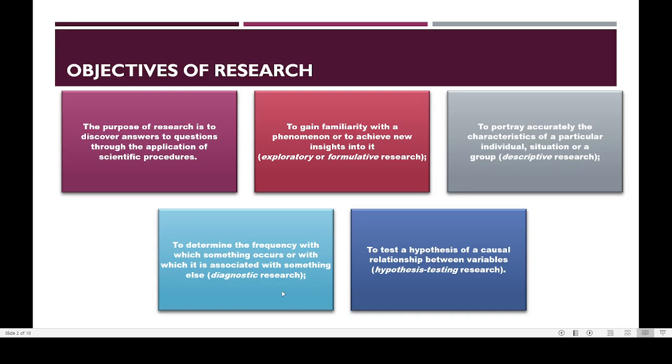Then we have diagnostic research. In diagnostic research, the purpose is to determine the frequency with which something occurs or with which it is associated with something else. For example, sometimes we can see that certain phenomena, for example the monsoon, repeat every year.